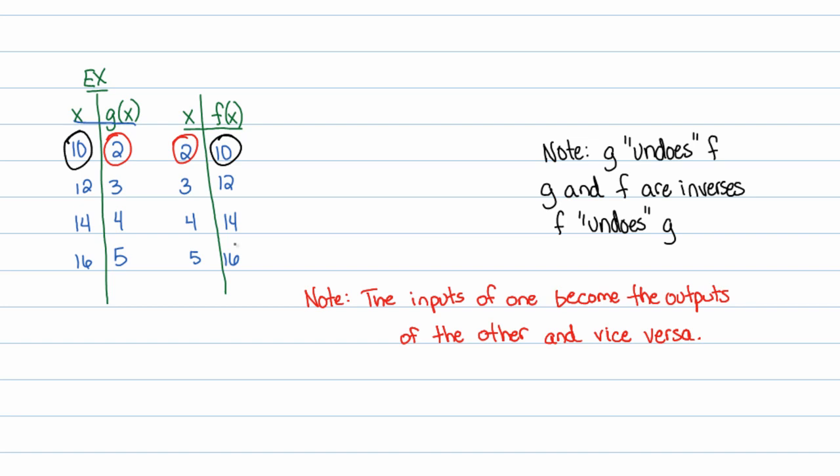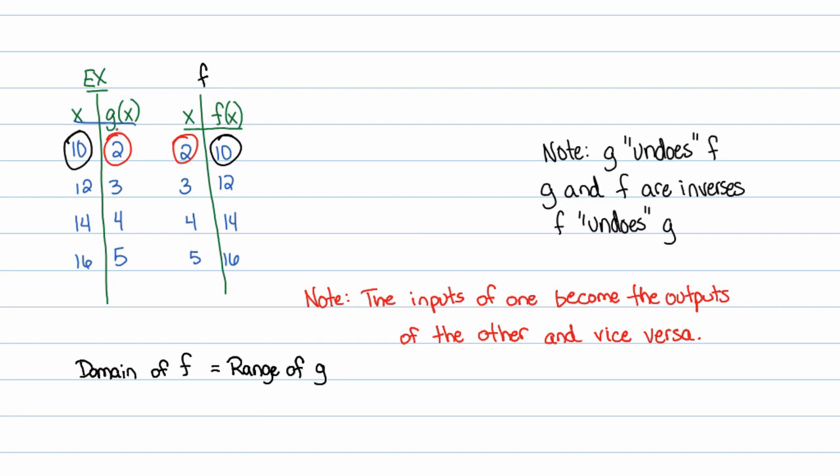How's that? Okay. Which means essentially that the domains and ranges of these two functions swap. The domain of f is the range of g. Right? See these lists? Here's f right here. So see the list of inputs for f? That's the domain.